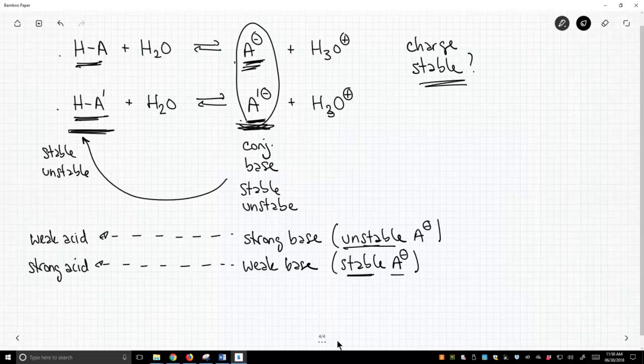If the charge is stable, then we'll say, oh, this thing has high or low reactivity. And if it has high or low reactivity, reactivity how? Well, we're talking about bases. It's a conjugate base. High or low reactivity is a base. Is it a strong or weak base? And then we flip it over and say, oh, it's therefore a weak or strong acid. So this is the logic we're going to follow as we progress through these discussions of acid and base chemistry.